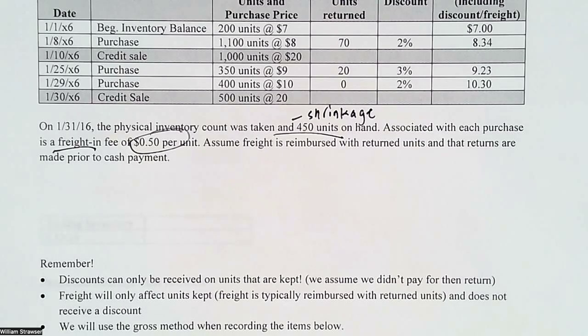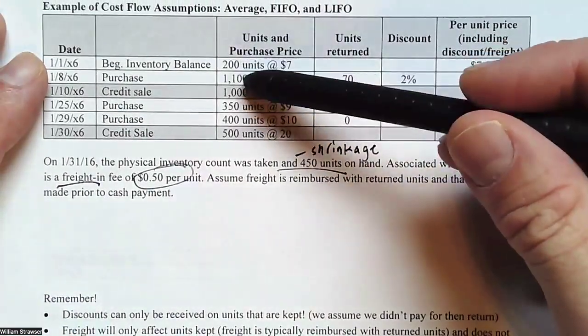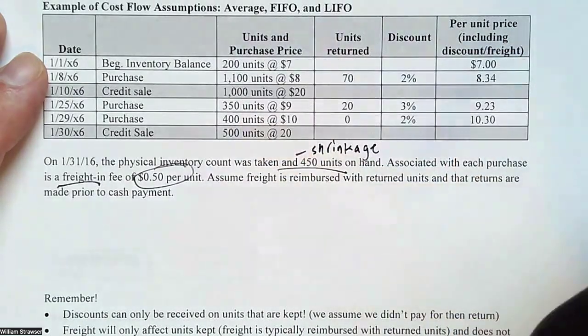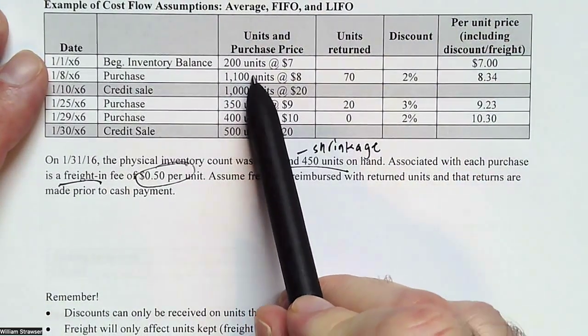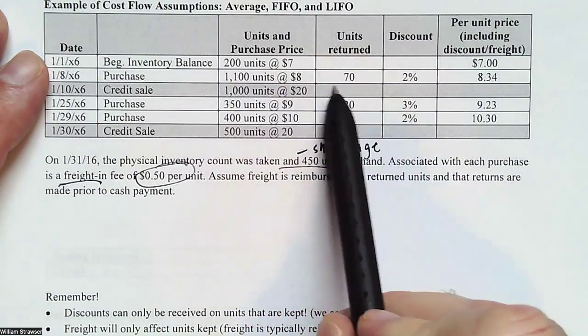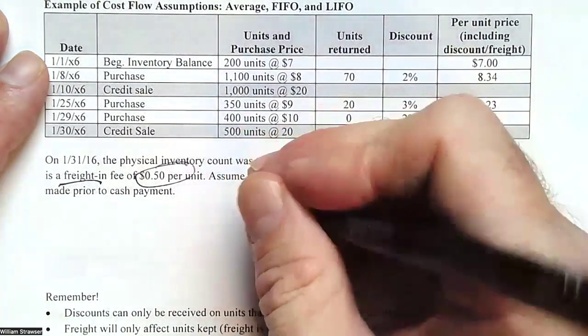Let's check the shrinkage part. If we look at this purchase and sale log, we see the number of units that were purchased and then the sales, of course. One thing we have to keep in mind with these purchases is if we purchased 1,100 but returned 70, then we have to take that into consideration as well.